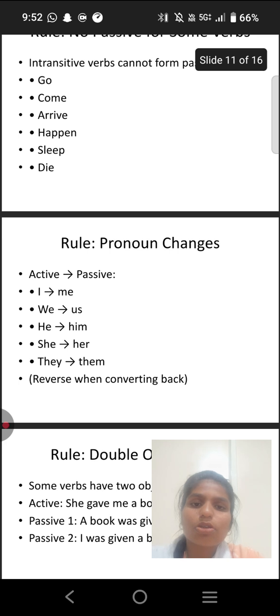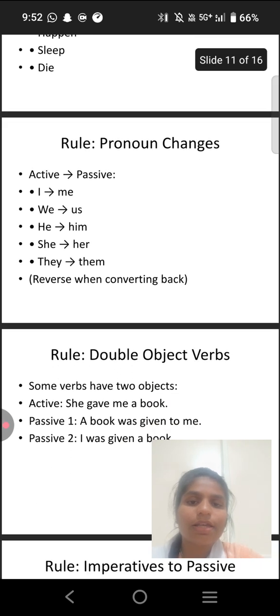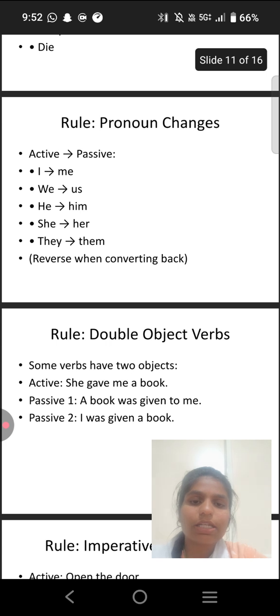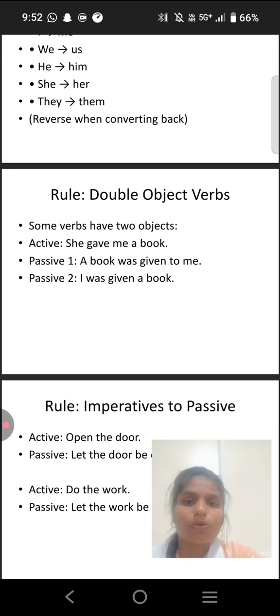In another rule, pronouns change from active to passive. I becomes me, and we have words like we, us, he, him, she, her, they, them. Reverse when converting back.